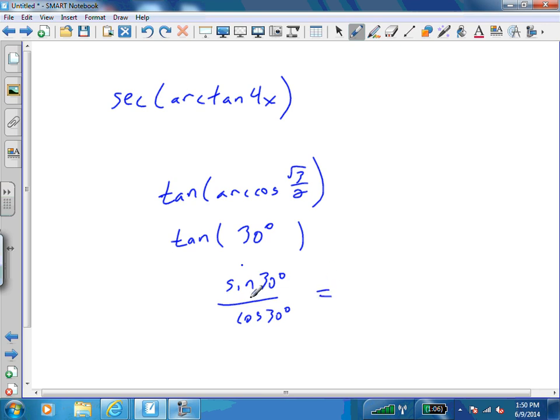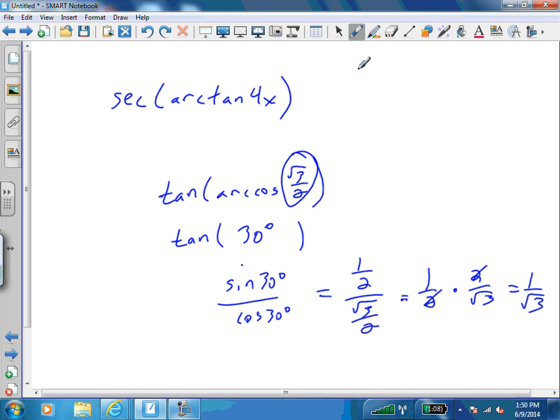If you do it this way, sine of 30 over cosine of 30, that's just 1 over root 3. Or you could rationalize that, root 3 over 3, but that's what we would do if we knew what our ratio was.